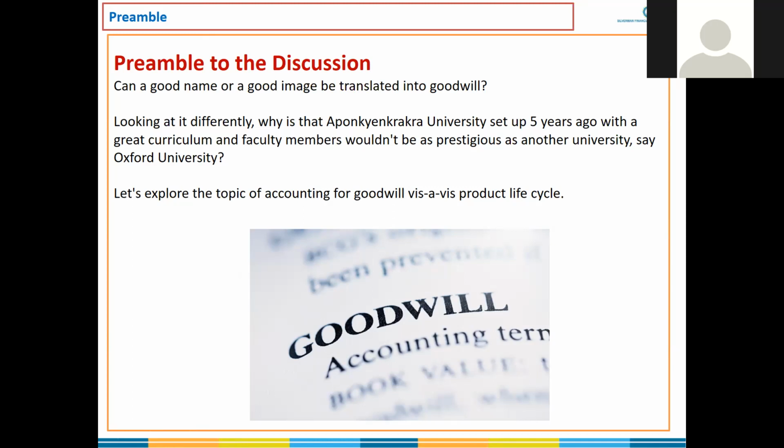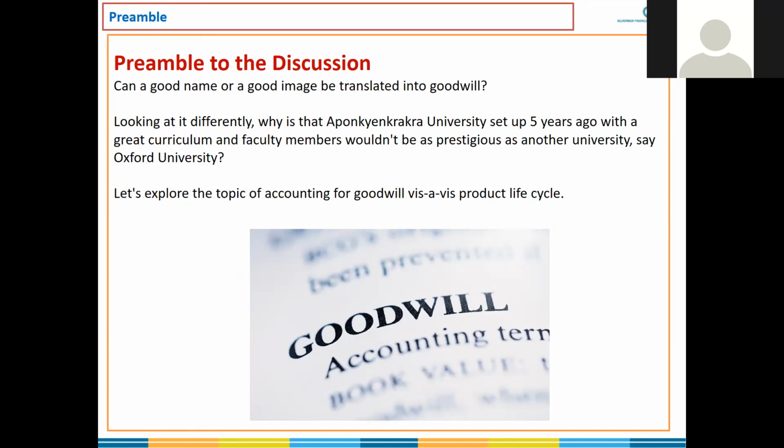For example, if a school has been established now, let's say for the past 4 or 5 years, okay? Why is it that it will not be so big at the international level as the one that has been there for about, say, 100 years or 200 years?